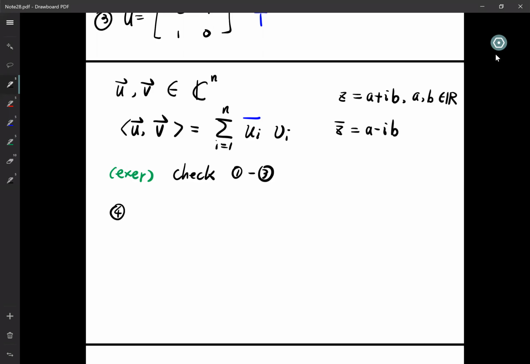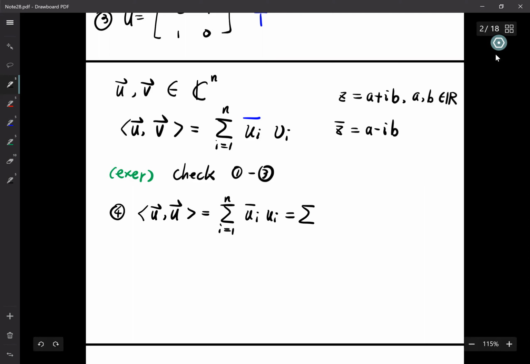Okay. So the fourth is the inner product of u with itself. This one should be non-negative. Why? This is the sum of u_i bar u_i, but this is just the magnitude of u_i, treated as a complex number, squared.